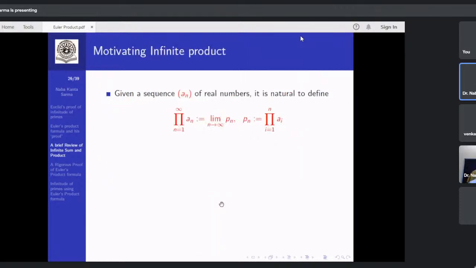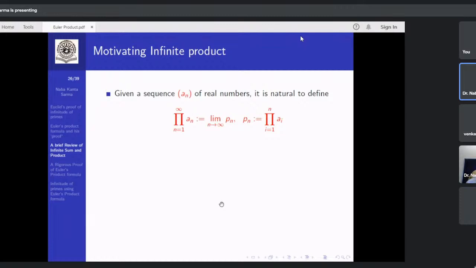Okay, now let us move to infinite product. Infinite sums more or less we have studied in your undergraduate course, but infinite products are not studied in much detail, so let us try to see what we can. Obviously we will try to relate product with sum. You must have studied in school what a logarithm is.